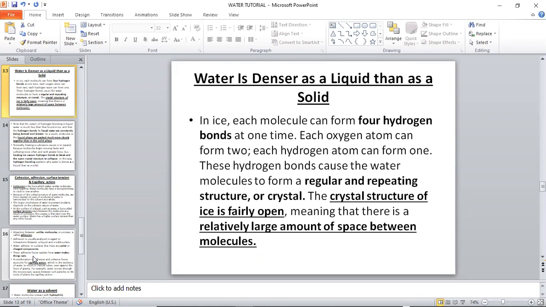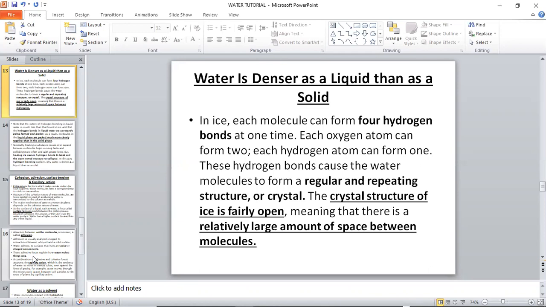Each oxygen atom can form 2, because oxygen has 2 partially negative charges, which can form 2 hydrogen bonds. And then each hydrogen atom can also form 1, which leads to a total of 4 maximum hydrogen bonds.